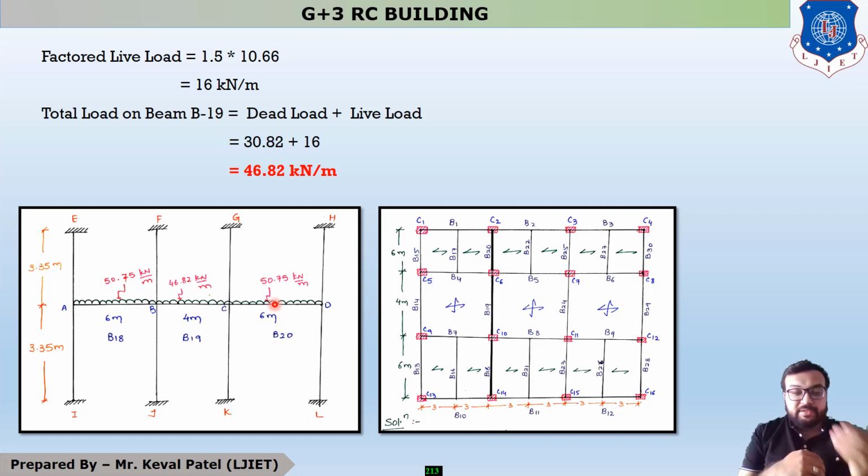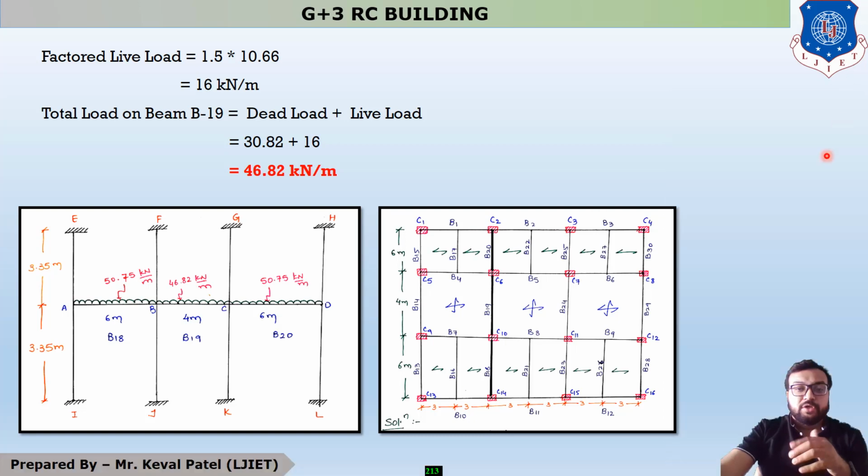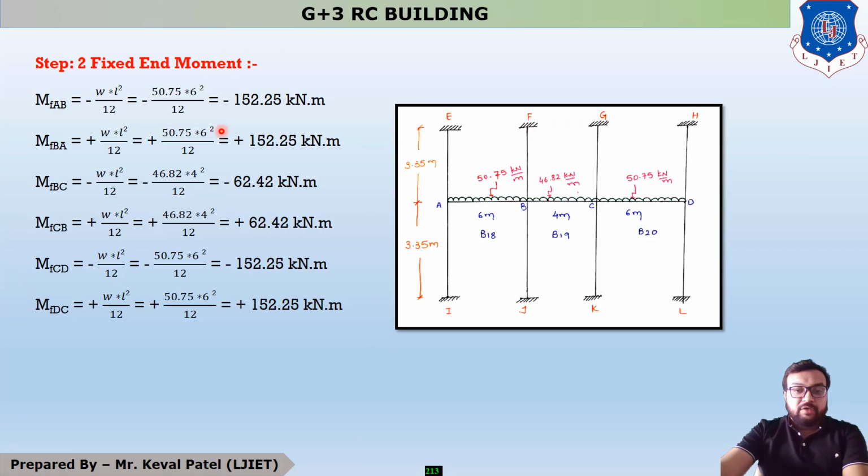So in this example, whenever you have to design a beam, you have to refer to the moment distribution method. For the moment distribution method, your first step is to find the FEM. It means fixed end moment. Now this end is fixed.